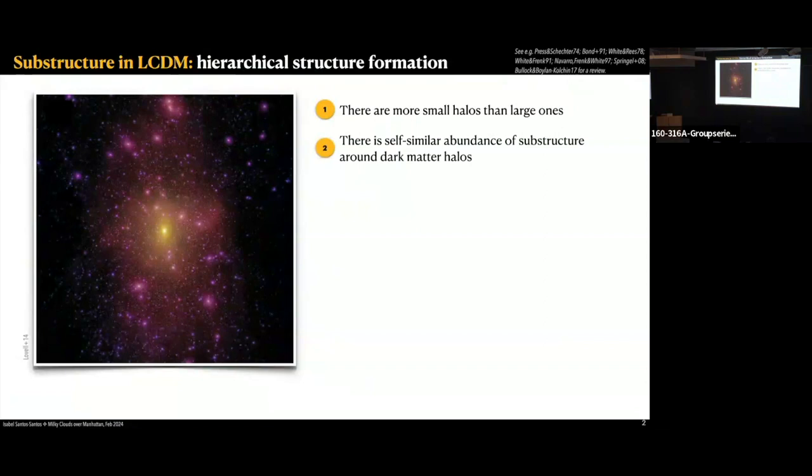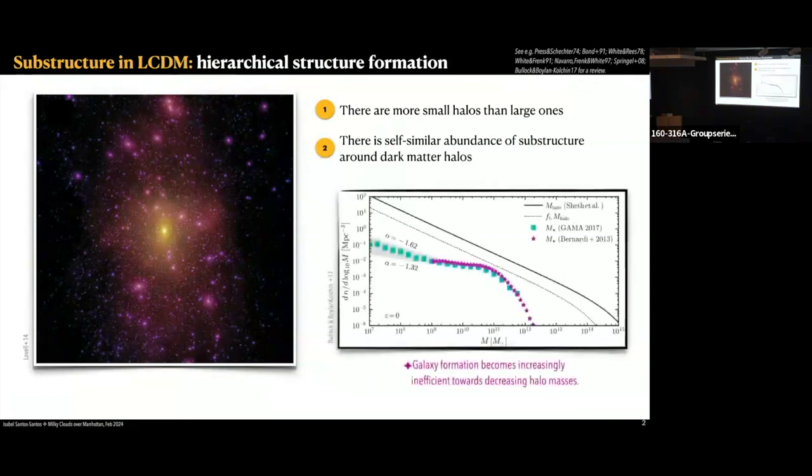And this can be expressed with a halo mass function and a subhalo mass function, respectively, that would rise very steeply, like this black line here. When we compare this steep halo mass function with the observed galaxy luminosity function, which is much shallower, shown here with the stars, we can see very fast that not all halos can form a galaxy.